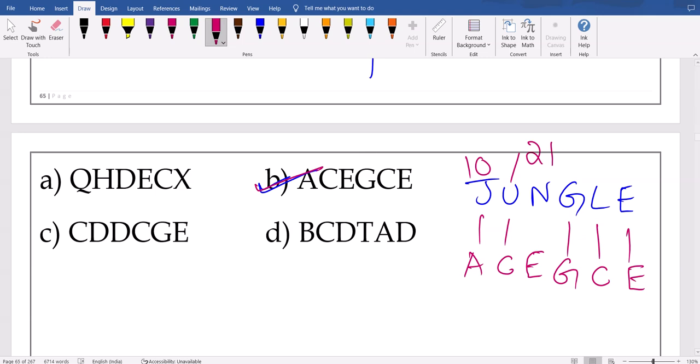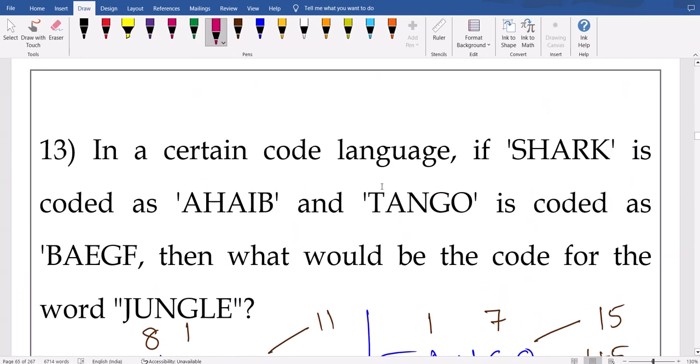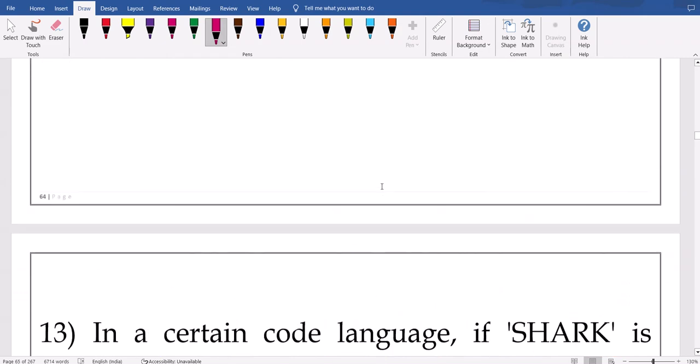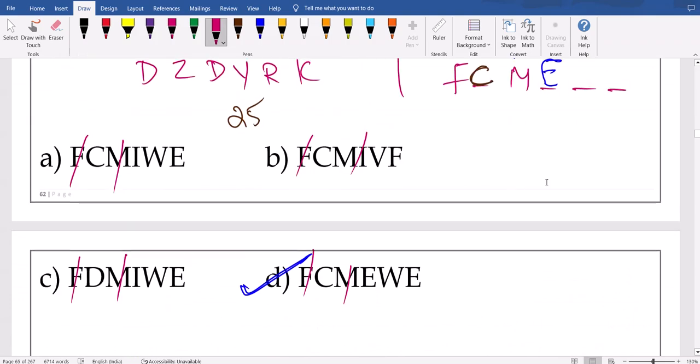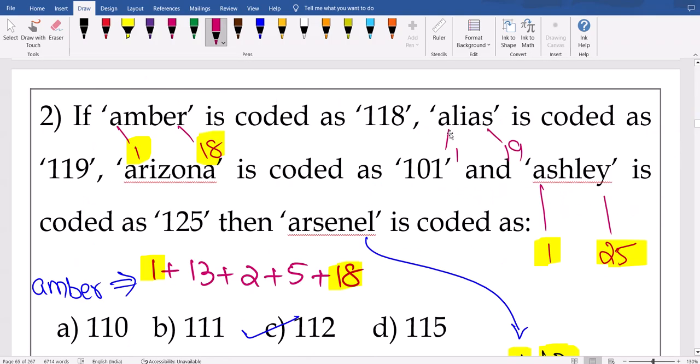Guys, these were sudden questions, but just one or two questions. So far in coding and decoding, we're done with 13, I think, but we have two special questions. One answer was given by one of your friends. The second is an excellent question where you have first letter, last letter mapping. Amber is 118, that's an excellent question actually. First letter, last letter, they map directly.